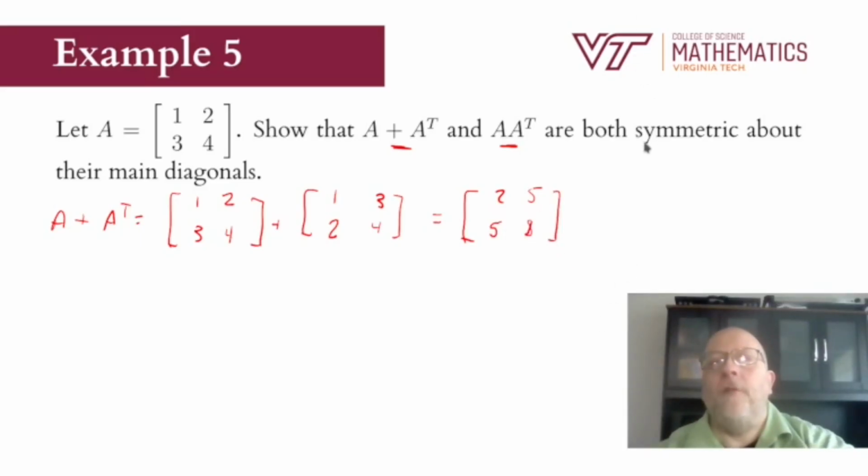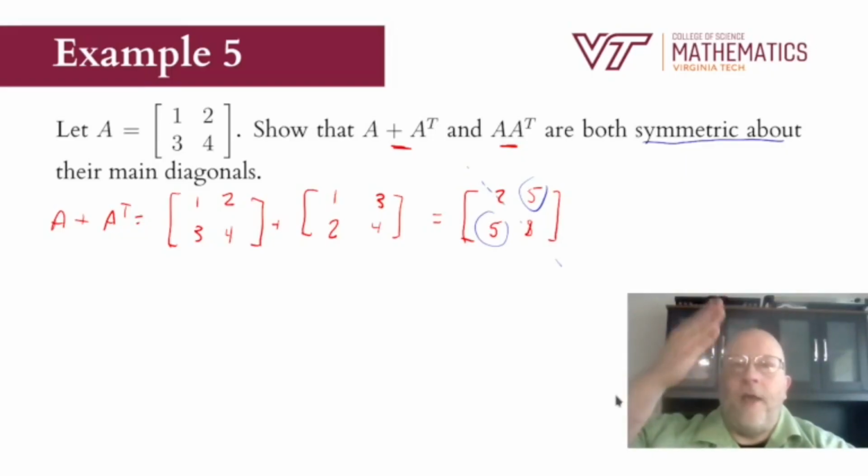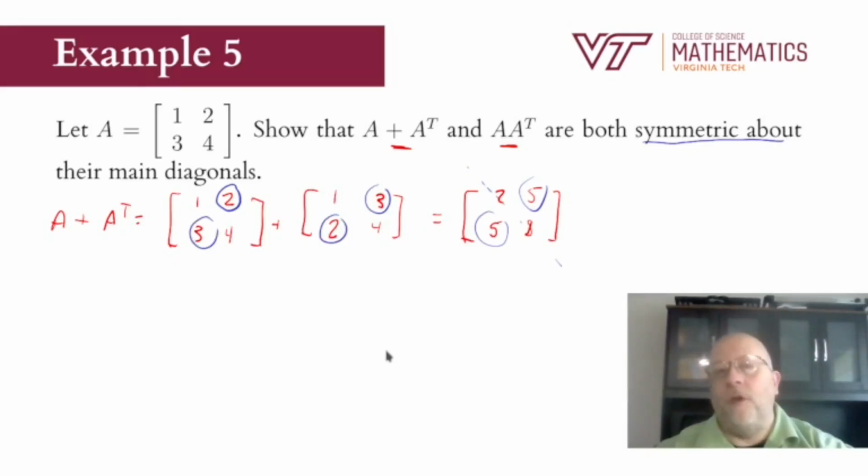And we say that it's symmetric about the main diagonal. If I look at this diagonal here, the numbers on this side and the numbers on this side are mirror images of each other. They're the same number on both sides. So that if we flipped the numbers around over this diagonal, we would have symmetry here. And that makes sense because this 5 is 2 plus 3, this 5 is 3 plus 2. And so we get a symmetry here.